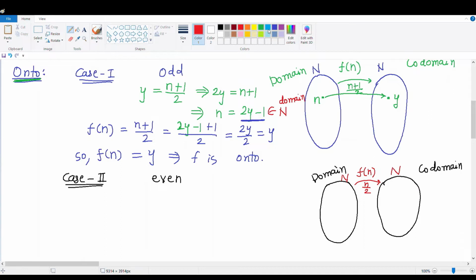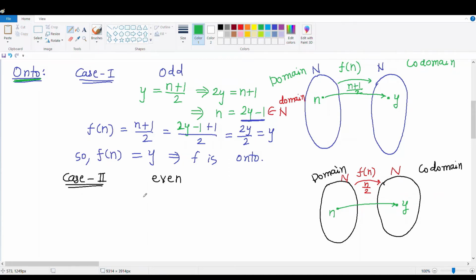Now what I am saying is that you will be able to find any element in here such that it comes out from some input n. Of course, right? Let's say that this y is connected to n from this domain. And if this n is connected to this y, that means it is following this function definition, because this function machine is going to convert n into n over 2.